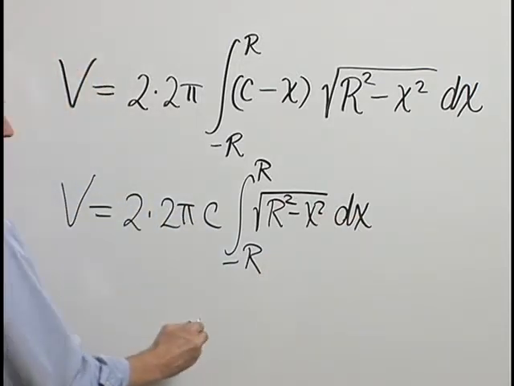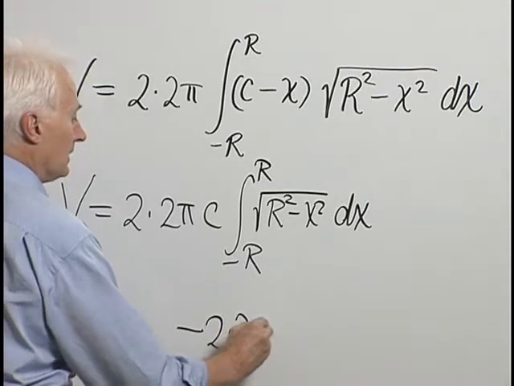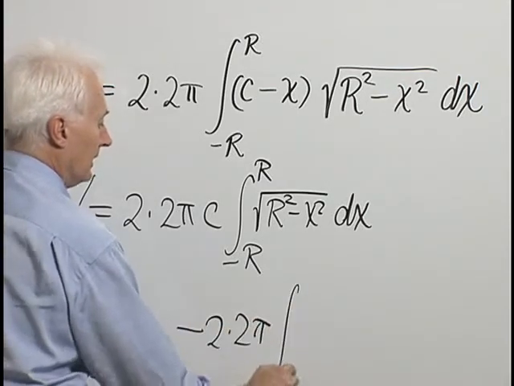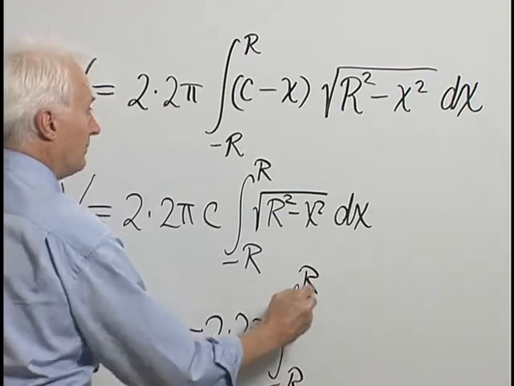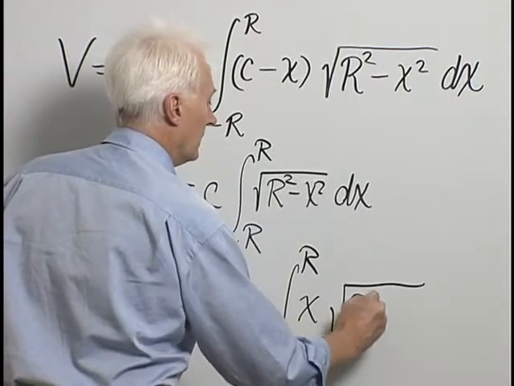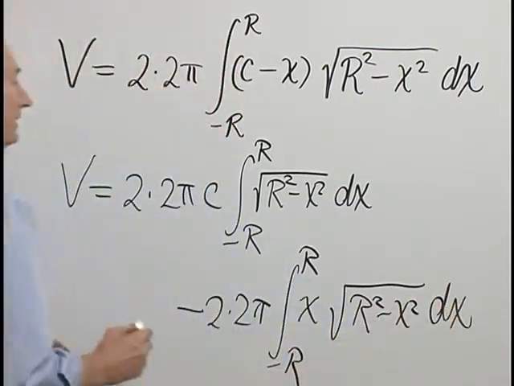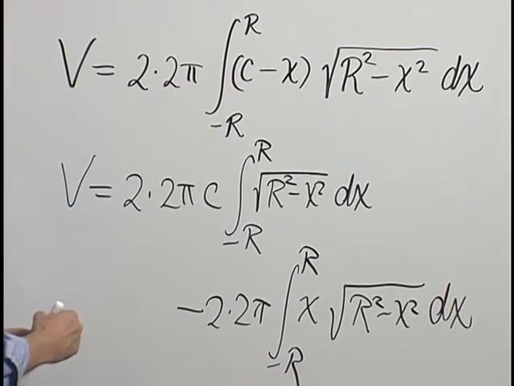And what's the second term? That's −2 times 2π ∫ from −R to R of x times the square root of R² − x² dx. And so that's all we have to work out.